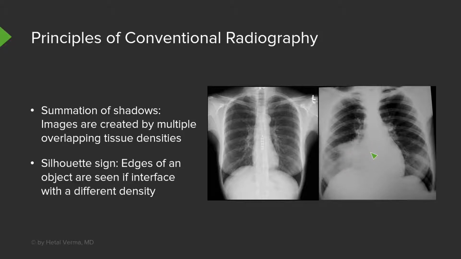And this is an example of the silhouette sign. So whatever is going on here, which is actually an area of pneumonia, is silhouetting the right heart border, so we don't see it any longer. If you look at the left heart border, that actually interfaces with normal lung. And so we do see this well because it's two objects of different densities.